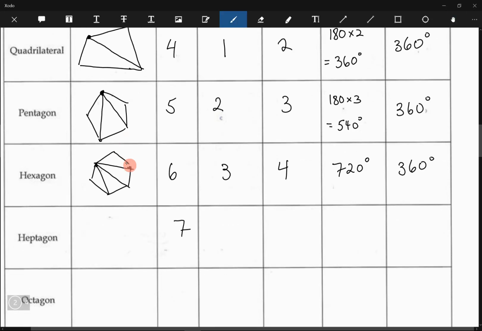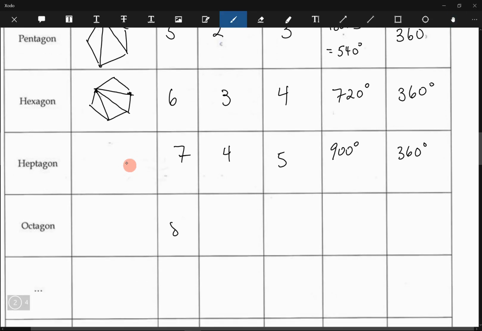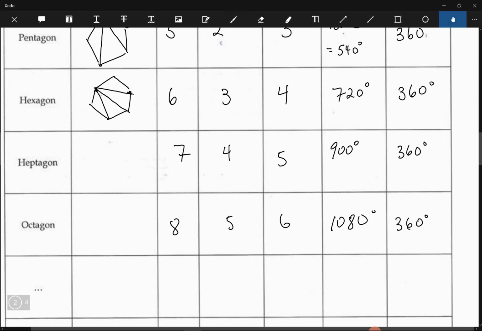Heptagon has 7 sides, 4 diagonals, 5 triangles, 900 degrees interior and 360 for my exterior. My octagon has 8, and again, same idea, keep on going, 1080 and 360. And you might notice a little bit of a pattern here.